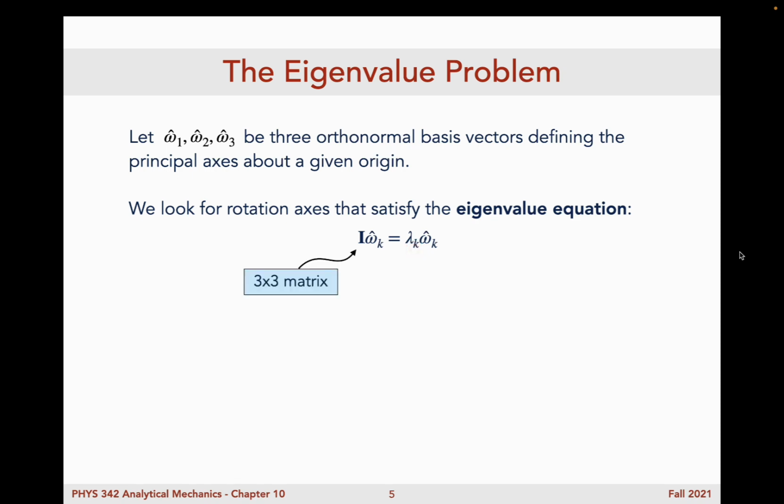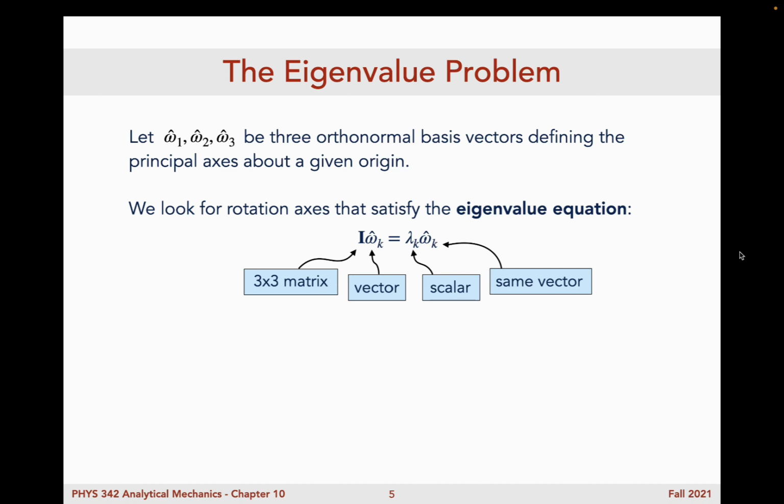So this I is going to be a 3x3 matrix, our inertia tensor. This omega k is going to be some vector, which is the same as the vector that we get back. And again, we get a scalar out in front of it. If you have an equation like this with a matrix, this is called an eigenvalue equation.